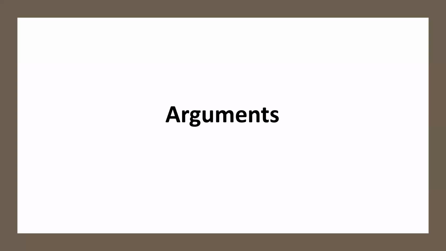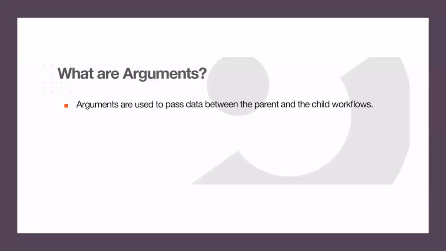That's the only difference between variables and arguments. Now let's work on that. So that's what I'm stating: arguments are used to pass data between parent and child workflow. That is, between the workflows, I can exchange the data.